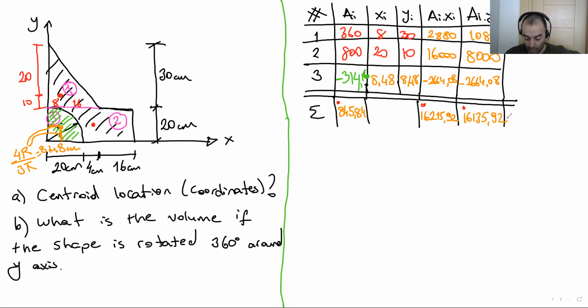Now let's calculate the xg and yg. Xg is here and this is yg.